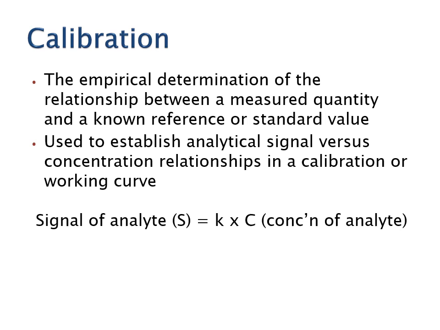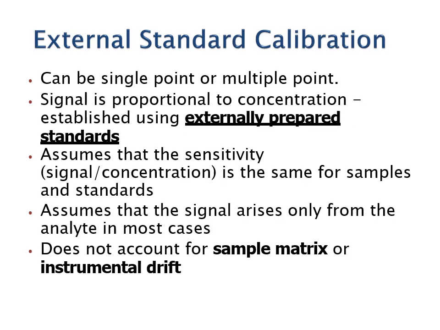It is also used to establish analytical signals versus the concentration relationships in a calibration or working curve. So, signal of analyte S is equals to the K times the C or the concentration of analyte. So, na-discuss ko na din to before and nagbigay na rin ako ng example.